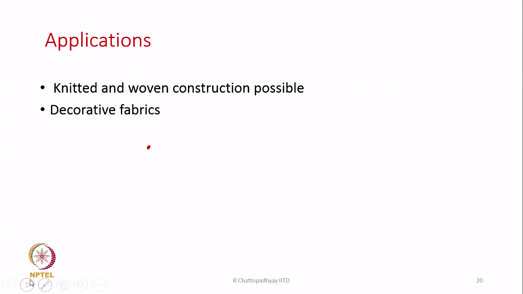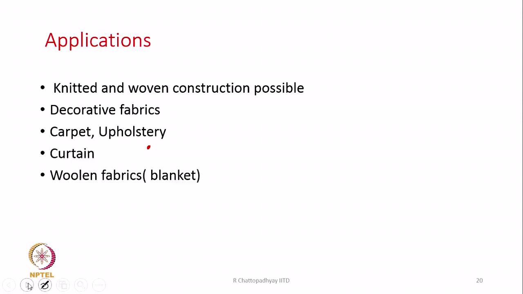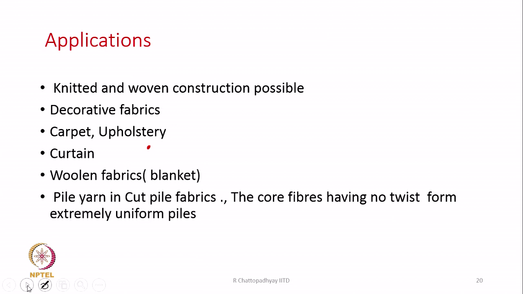Applications of these yarns: knitted and woven constructions are possible, and they can be used for decorative fabrics, carpet, upholstery, curtains, woolen fabrics, that is blankets, and carpet also could be made from wool.